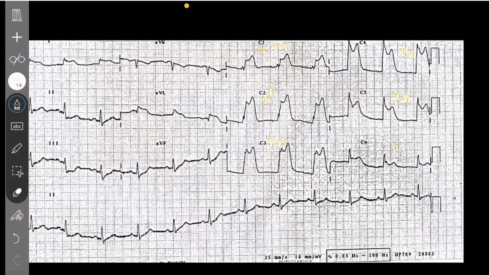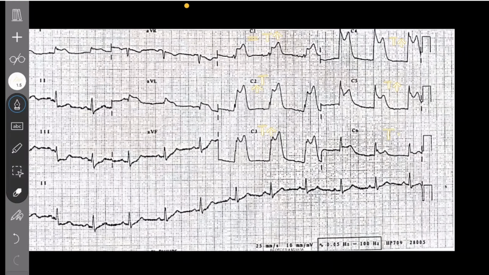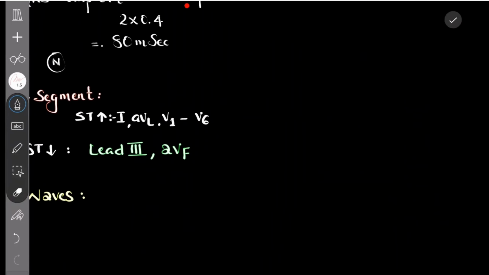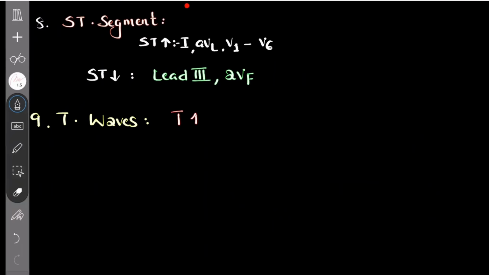In V6 there is not much elevation, but of course there is an elevation. But you see that in leads V1, V2, and V3, the T waves are above the QRS complex. So we conclude it as hyperacute T waves. So you see the T wave elevation in all V1 to V6, hyperacute T waves in V1 to V3.